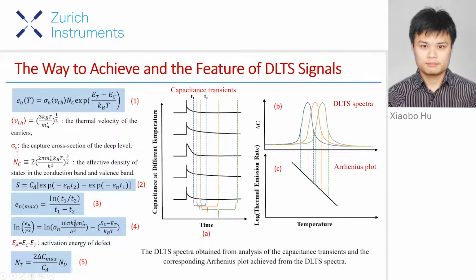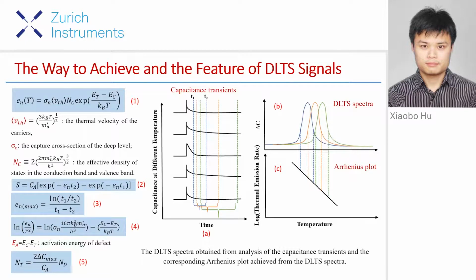Both of them are applied in characterizing defects. In addition, another parameter is the trap concentration NT, which is directly proportional to the DLTS peak height. It also means that the concentration can be obtained directly from the capacitance change.